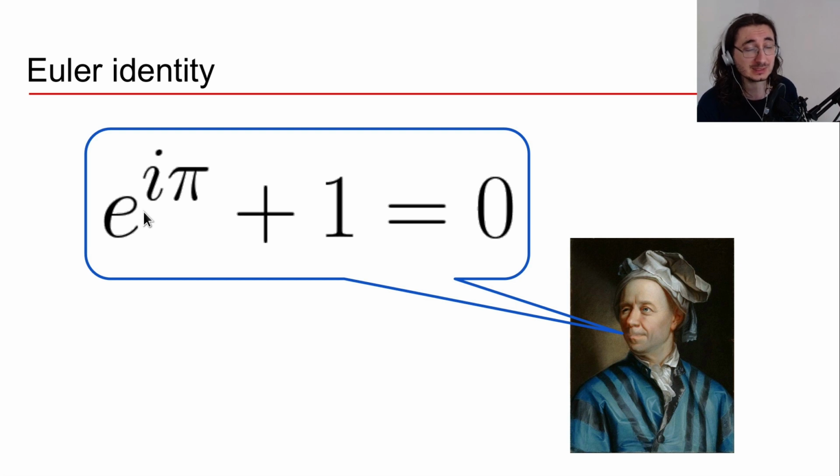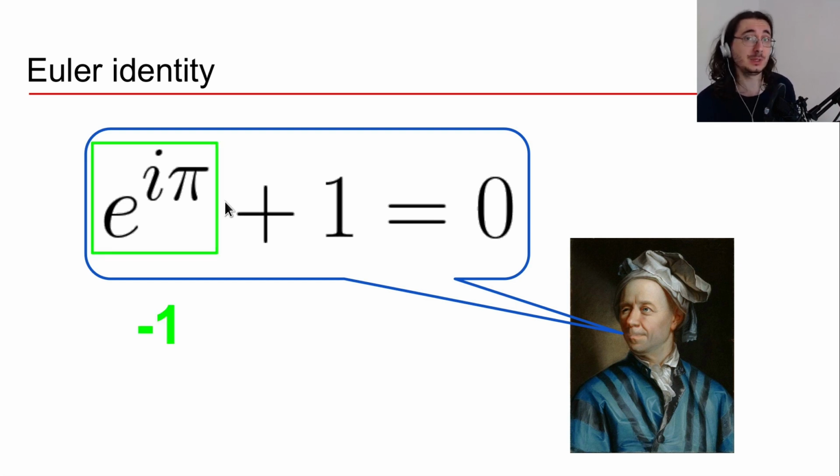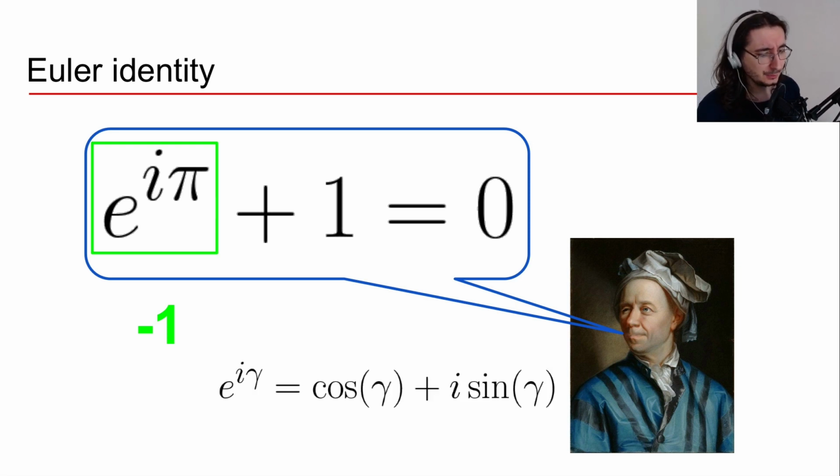But for this to work, we need this exponential to be equal to -1. So let's see if this actually is the case. Let's start from the Euler formula here.